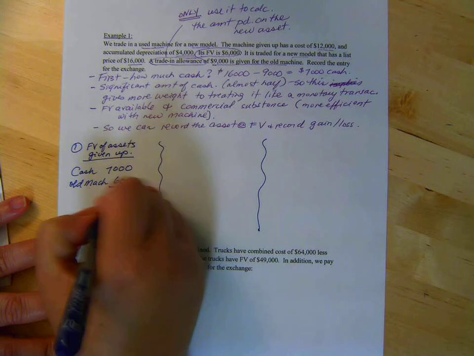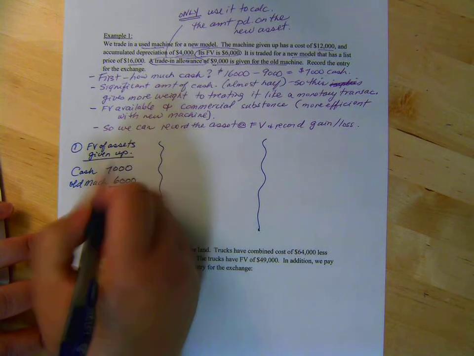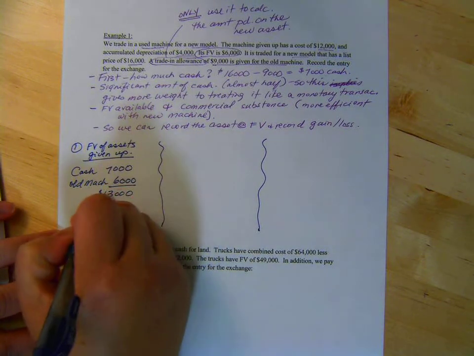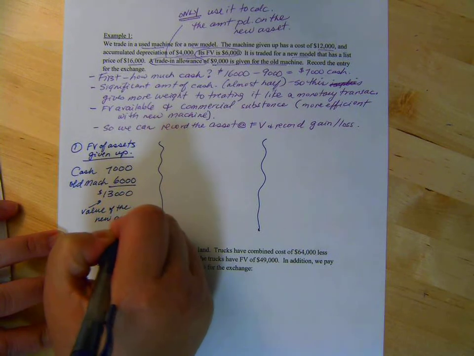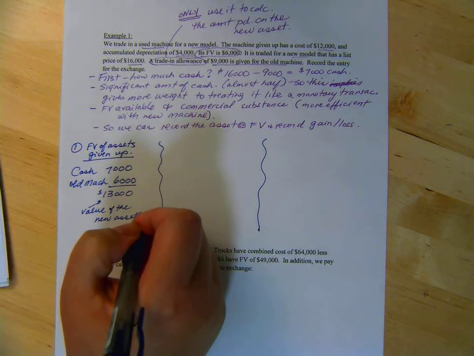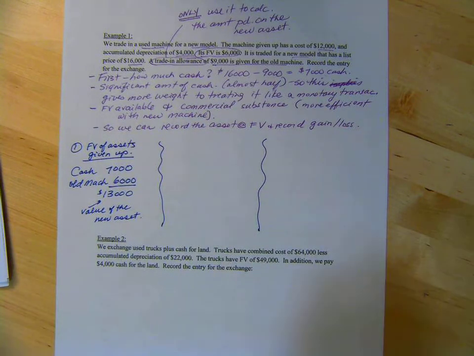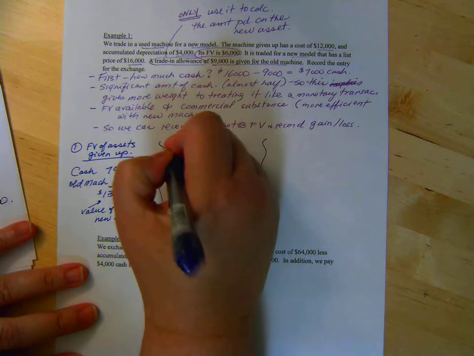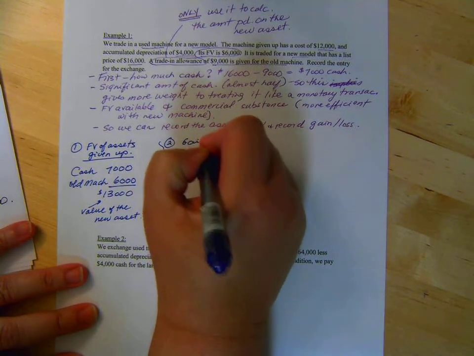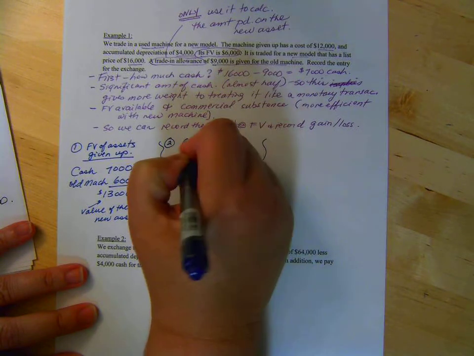So that's $13,000. And that's going to be the value of the new asset. Okay, now we're going to record the gain or the loss calculation.